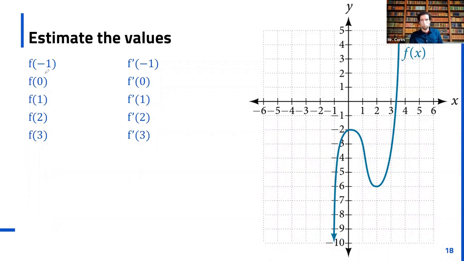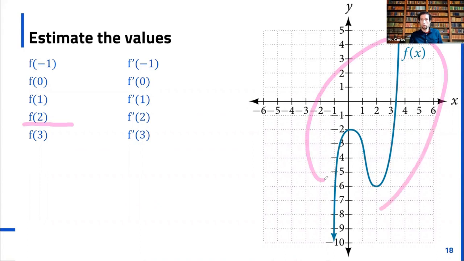Let's try these. Let's try this one here. This looks like a nice easy one. So for this function we have over on the left, can you tell me what is f of 2? Just give me an estimate by looking at the graph. -6.